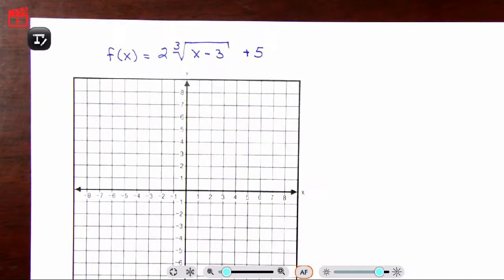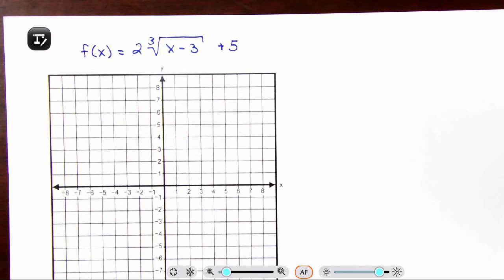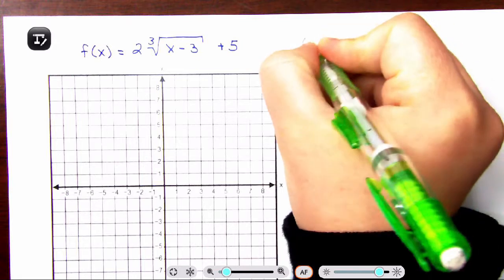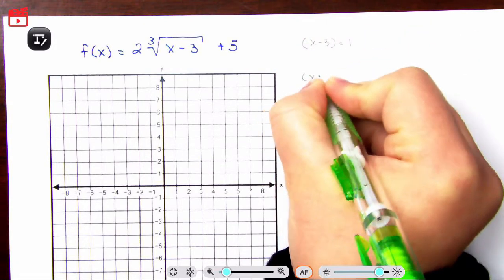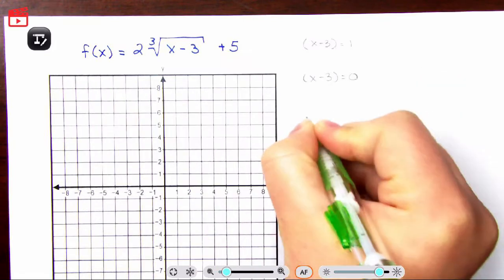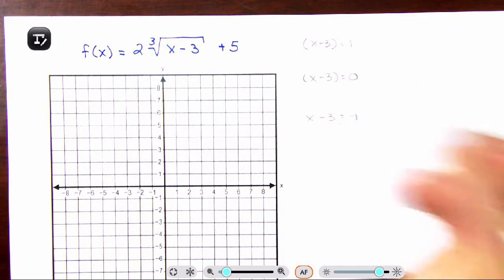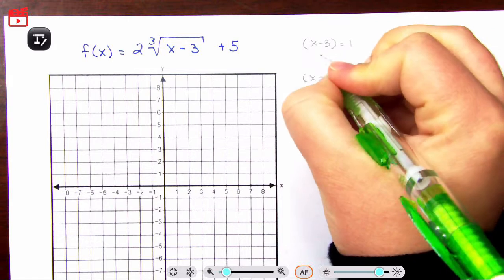All right, here's our first one. We're going to do one of each. Step number 1 is set the inside of the cube root equal to 1, 0, and -1. You're going to then solve for your new x's.